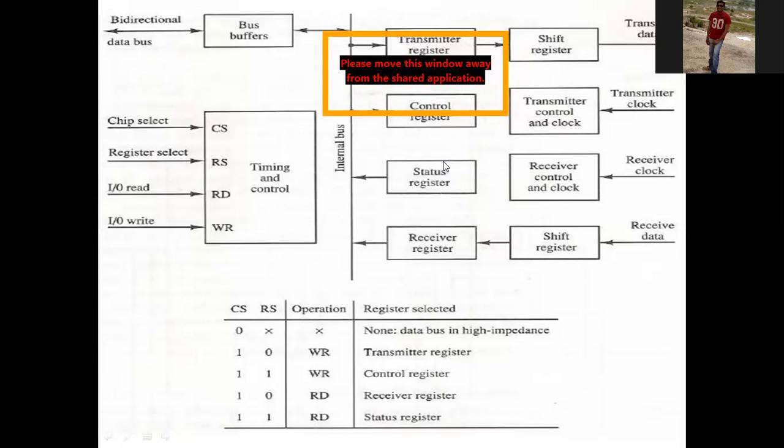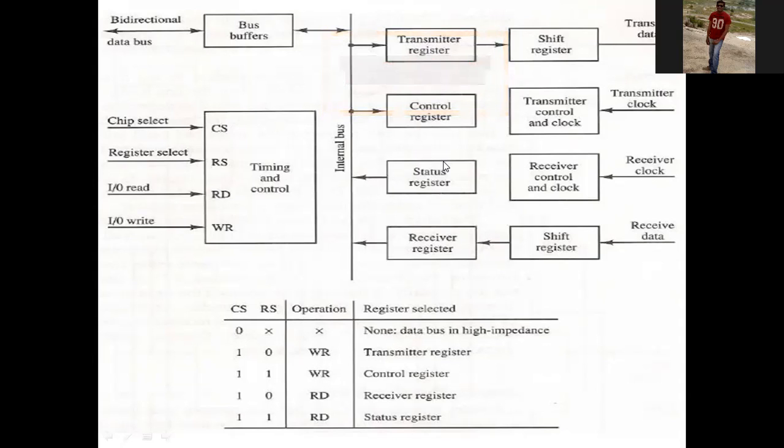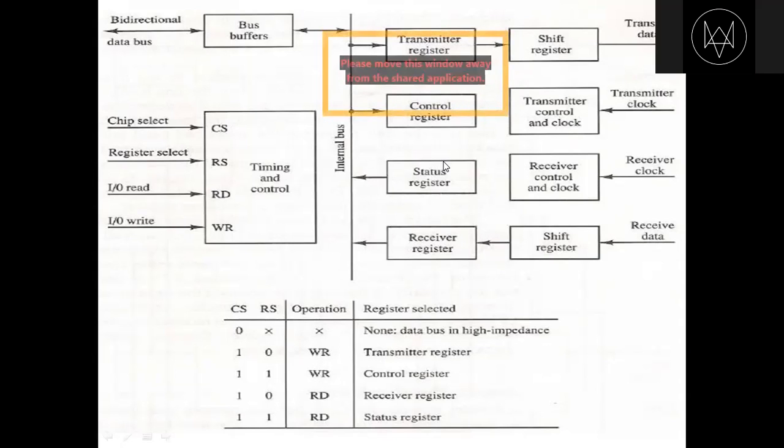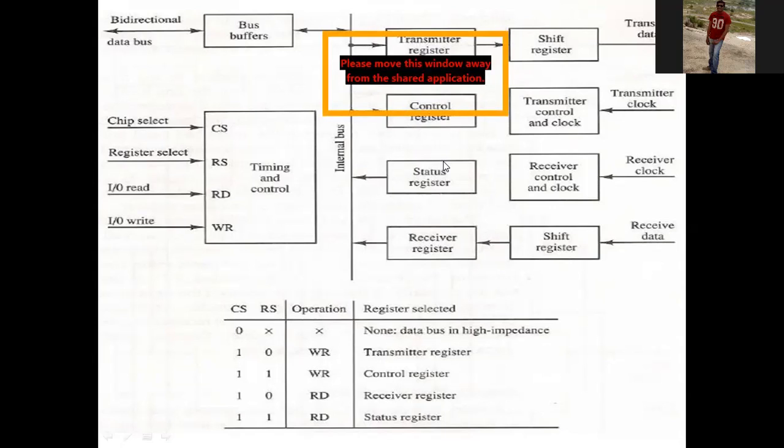You have to follow my explanation carefully. This typical unit mainly consists of 4 registers: the transmitter register, control register, status register, and receiver register. It also consists of one data bus buffer and one timing and control unit.